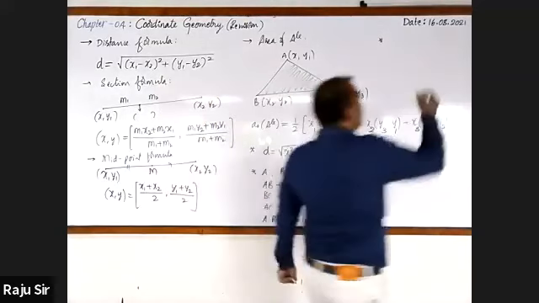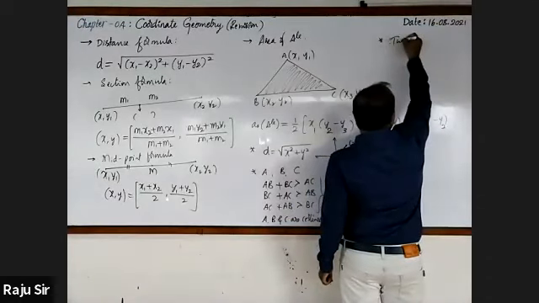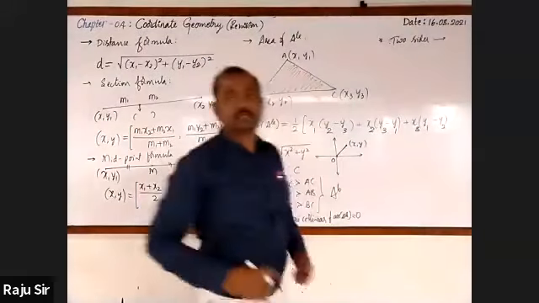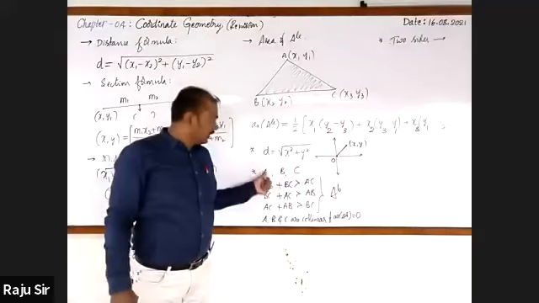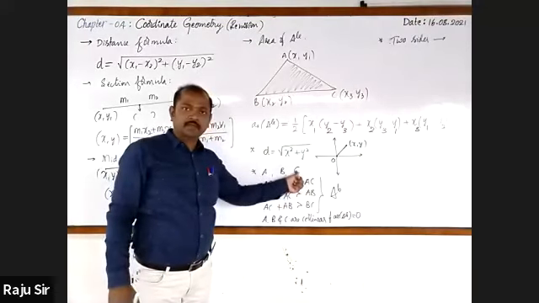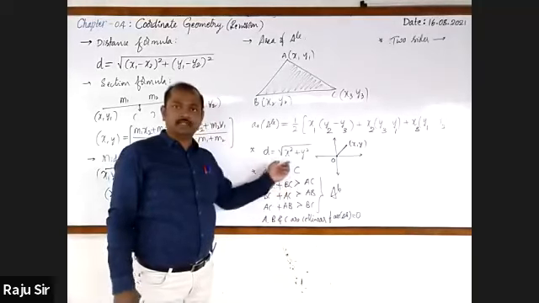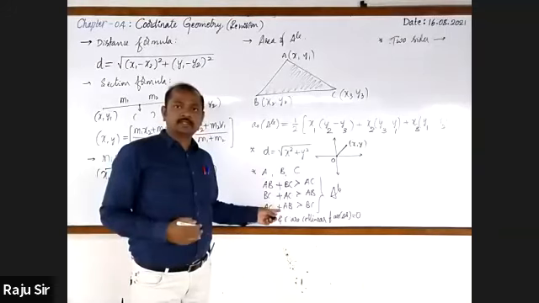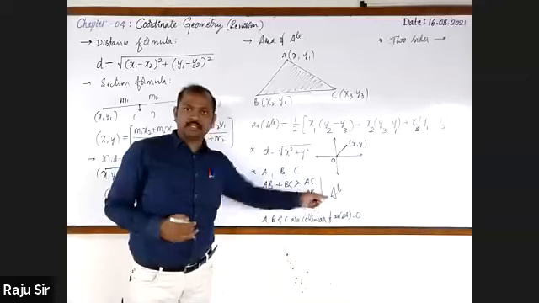If any two sides of a triangle are equal, then what is it? Isosceles triangle. Very good. When 3 points are given, like A, B, and C, you'll find out AB, BC, and AC. Then you check whether these conditions hold good or not. If they hold good, the triangle is formed.